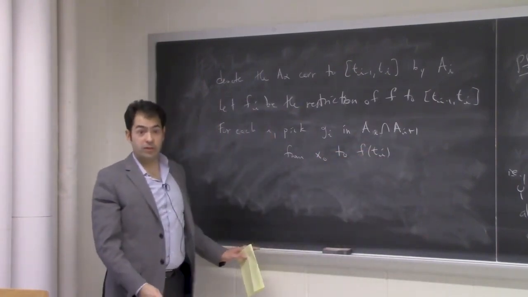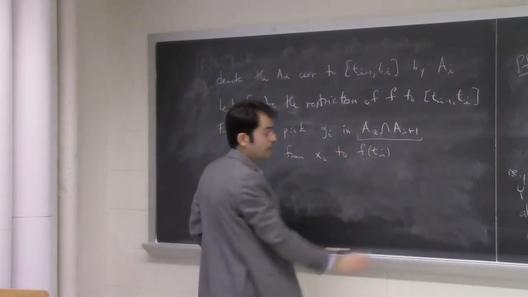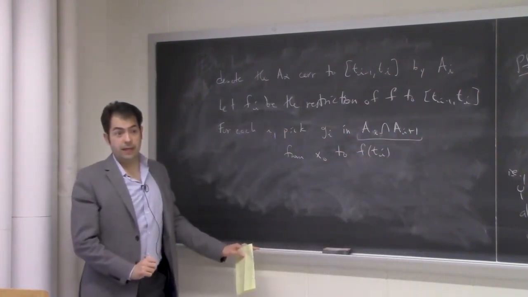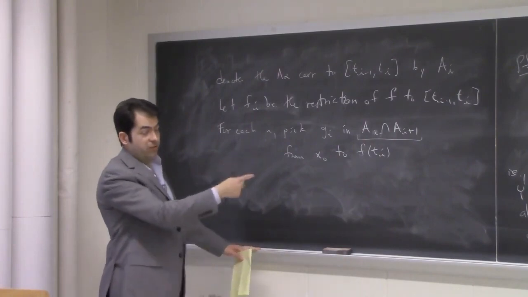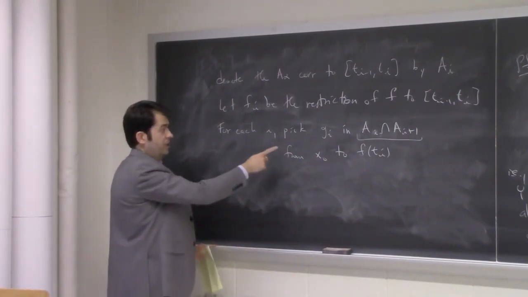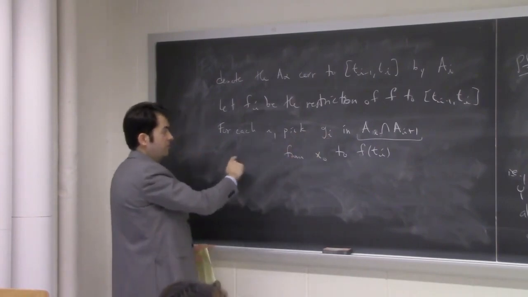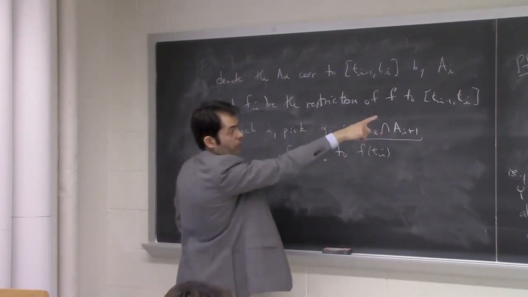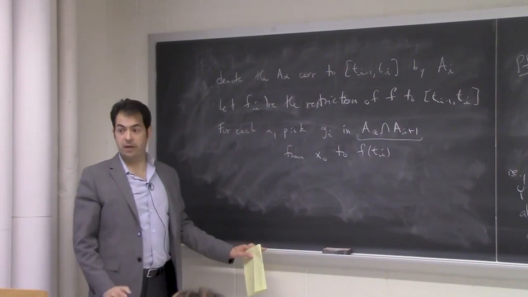Right? So here we're using that this intersection is path connected, and by assumption, every one of the sets contains x naught. So in particular, the intersection contains x naught, and so I can pick a path from x naught to wherever it is I ended up there.